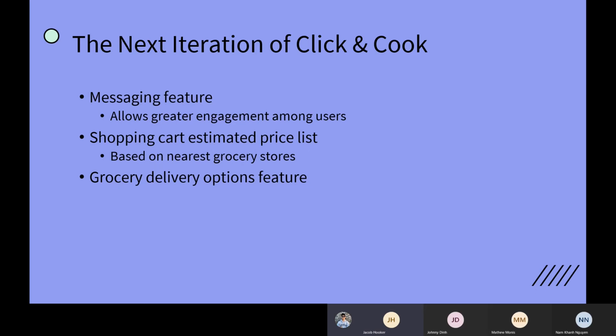My name is Wonjae Hwang. Let me tell you about the next iteration of Click&Cook. First, the messaging function will be used to expand user participation. Second, a service that marks the estimated price of the materials in the shopping cart based on the nearest grocery store.